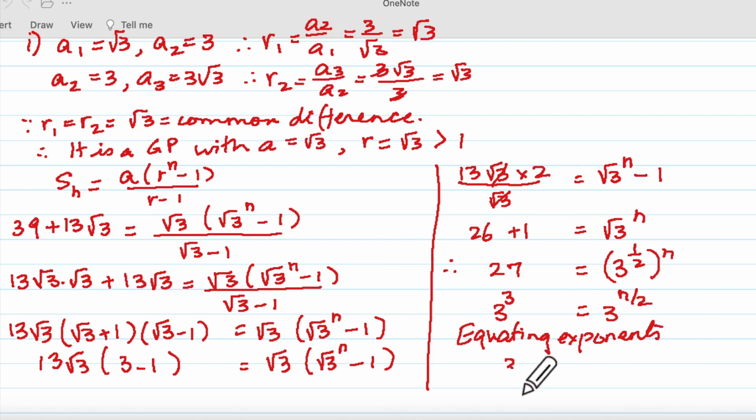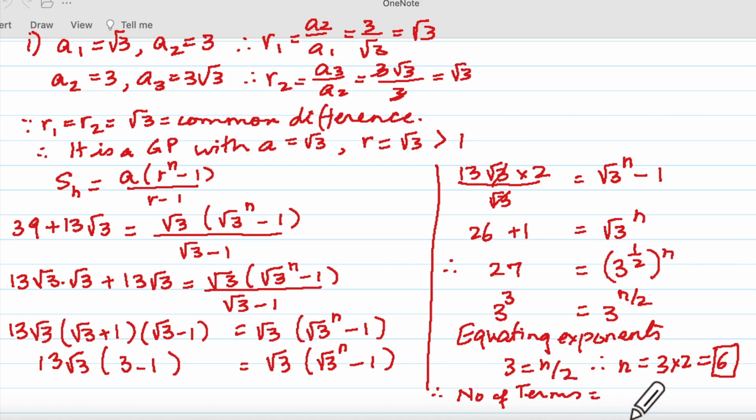And you will have 3 equal to n upon 2, therefore n equal to 3 into 2, which is 6. And they want to know how many terms, so therefore number of terms equal to 6, and that is our answer.